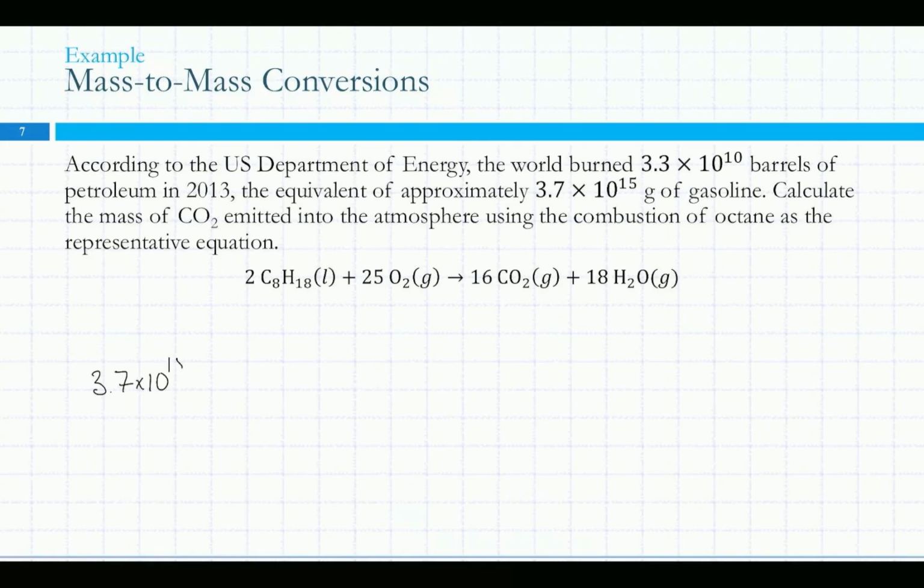3.7 times 10 to the 15 grams. And then we're going to assume that the gasoline is all octane. That's just an approximation to make our lives easier. Yeah, you'd have to figure out a way to both separate and then analyze what those things are.